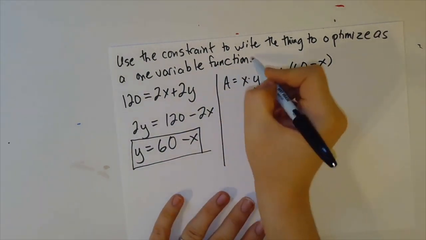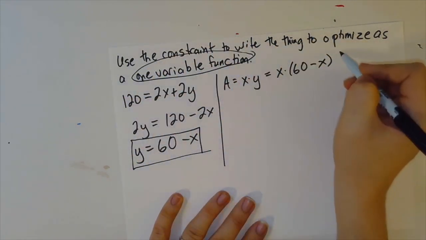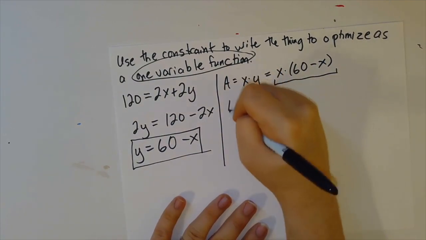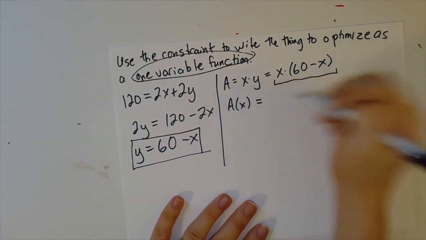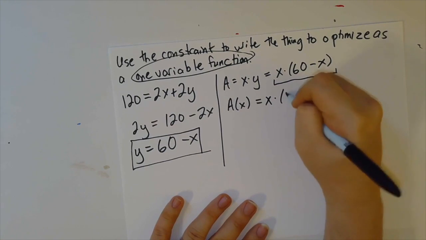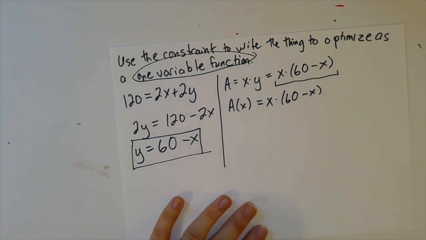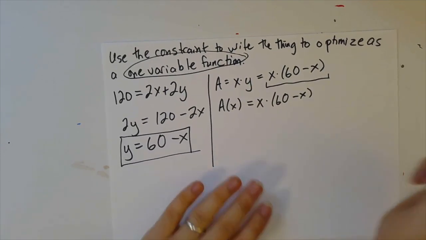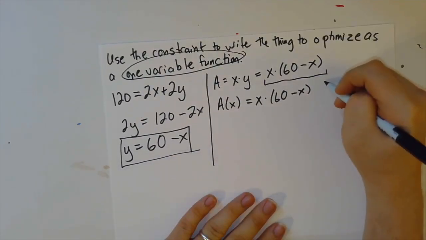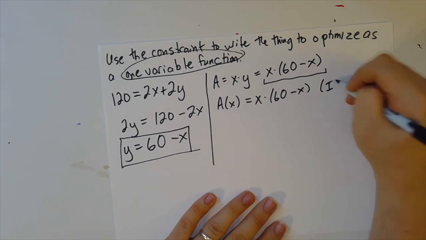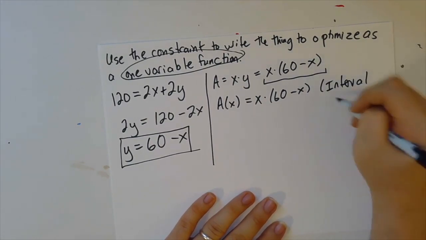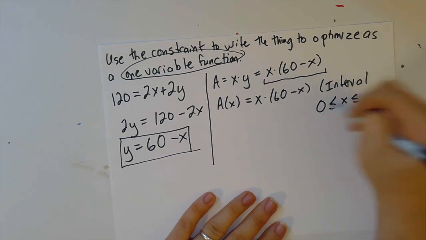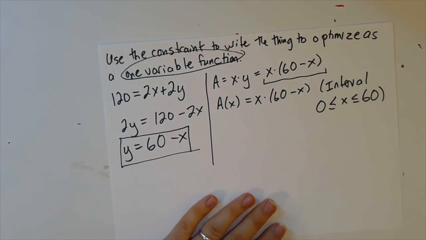And when I said one variable function, that is what I was looking for. This now only involves x. So I have my A of x is x times 60 minus x, and I want to find the maximum value of this function, subject, again, to the fact that I need my interval here to be x between 0 and 60.